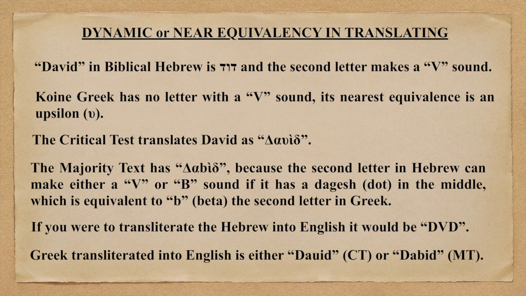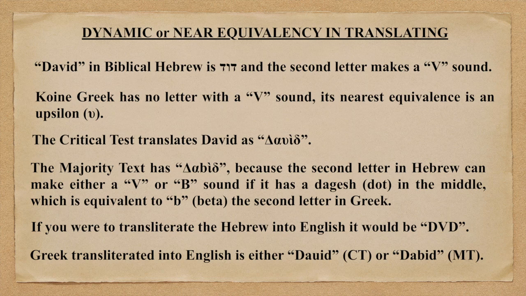Dynamic or near equivalency in translating. If a word, term, or phrase cannot be translated letter for letter or word for word, a translator may provide a dynamic or near equivalency. An example of this can be seen in the genealogies of Jesus, in which he is referred to as the son of David.